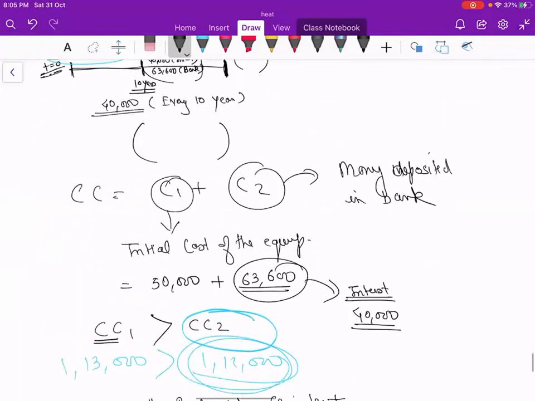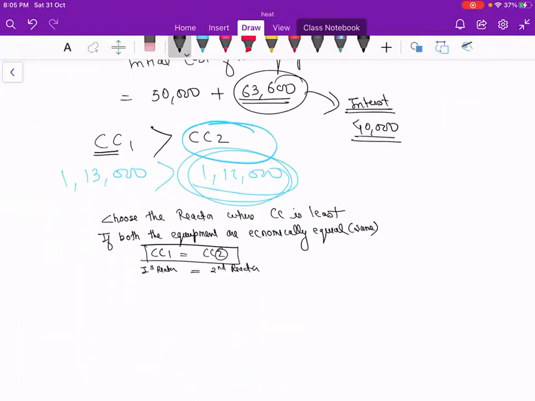Okay, so everyone got this point? Everyone got this point?